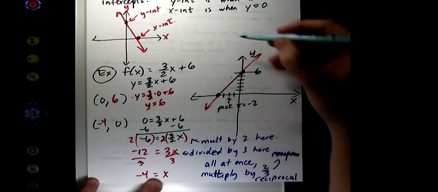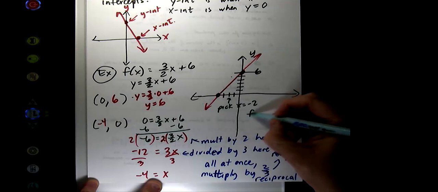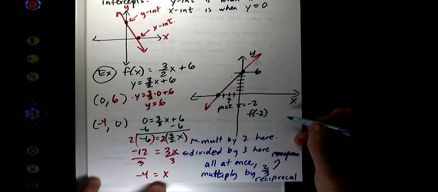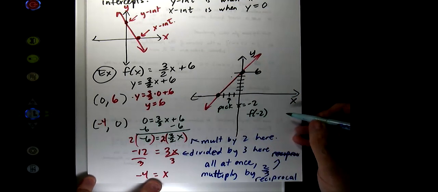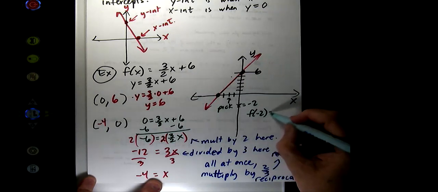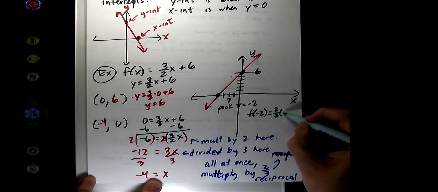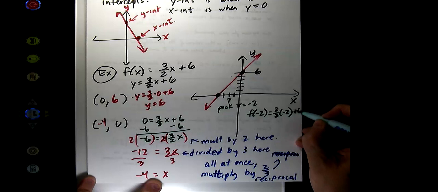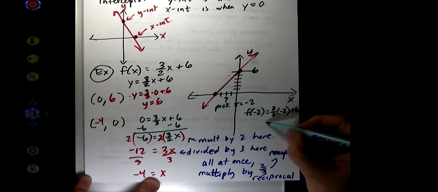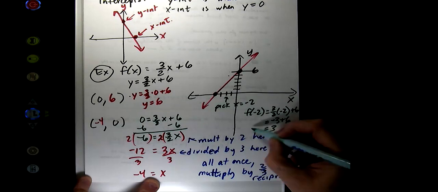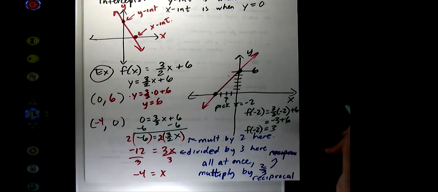Let's find what f of -2 is. Just talked about doing that. We plug in the value for x. f of -2 is 3.